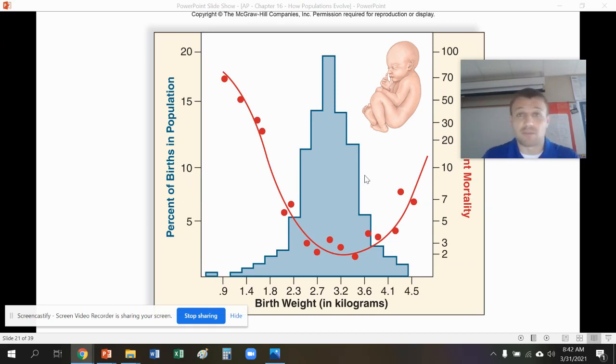We've actually gotten better with this. Our medical community has gotten really good at saving these babies, but just in general, being very large or very small, you have a higher chance of dying at that age. You have a much better chance of surviving at these average weights. So there is a large portion of the average, not a large portion from the outsides.